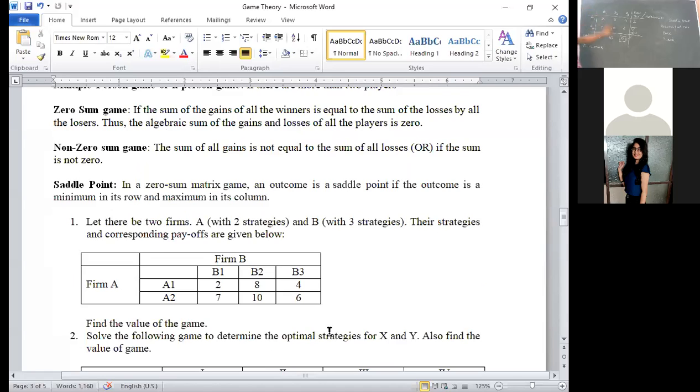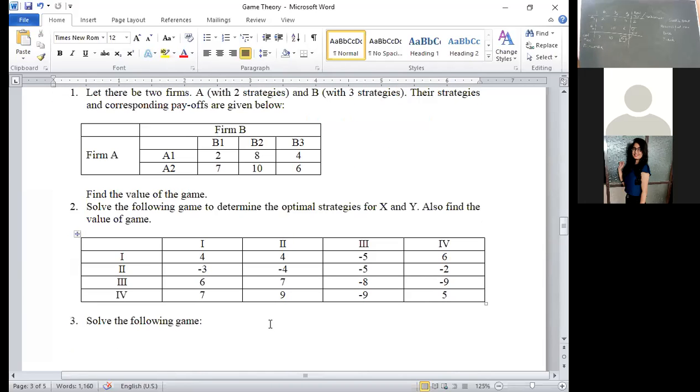Whatever the common value exists, that is your saddle point. Value of the game is 6. Similarly, calculate for second bit. These are for practice purpose only. If saddle point exists, what is this strategy? Pure strategy. If saddle point doesn't exist, then that is called mixed strategy.